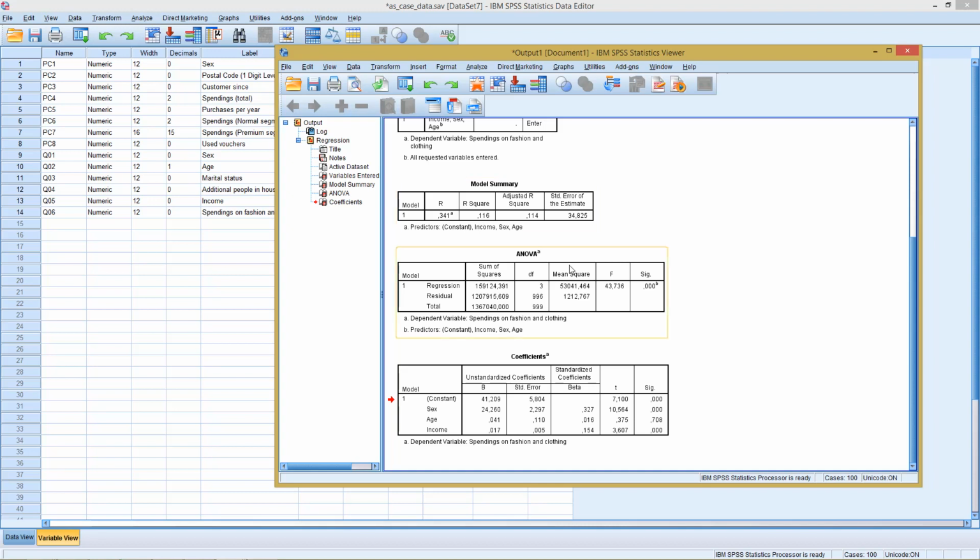So here we run as well an ANOVA and perform an F-test, and if this F-test turns out significant, so if this F-test reports a significance level of less than 5%, which it does here, it can be said that using this model we can explain a significant amount of variance. So this might seem small, but it's still a significant amount.